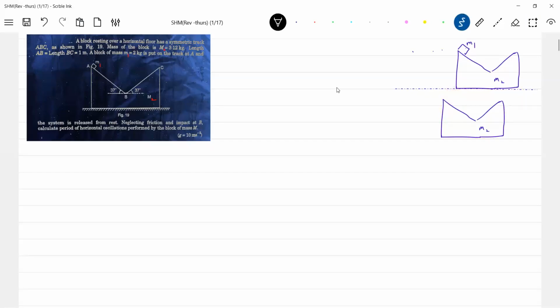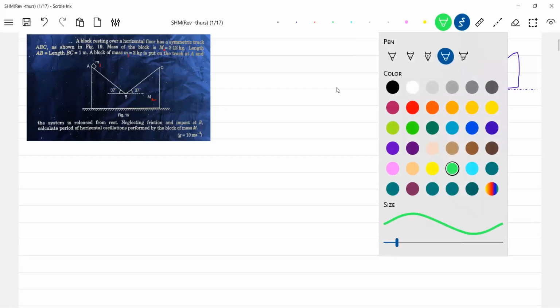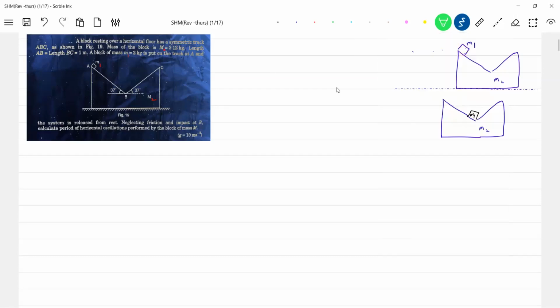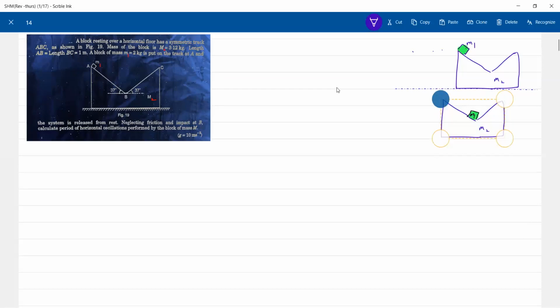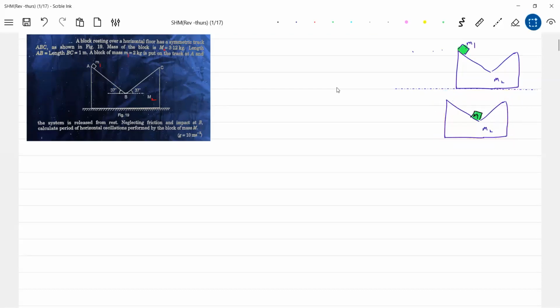Where M1 will be at, see things clearly, very important this is: the center of mass will not shift. In fact, M1 got shifted, you can see from the diagram also. I'll move a little bit towards left. M2, the wedge, got shifted towards left here.